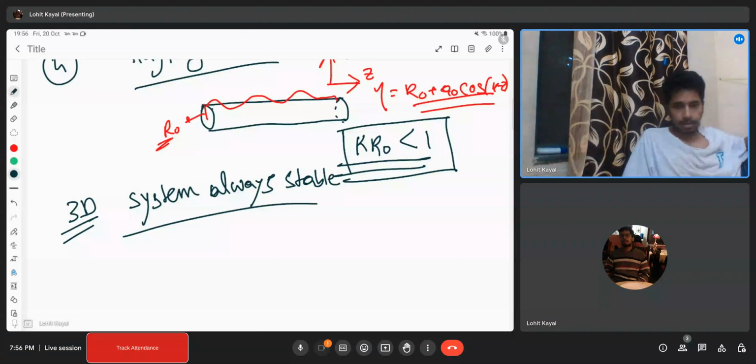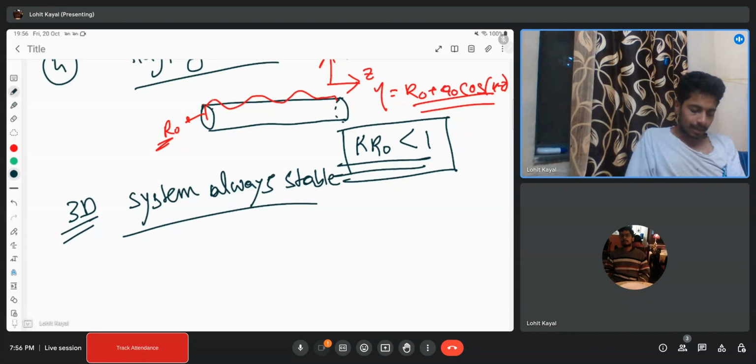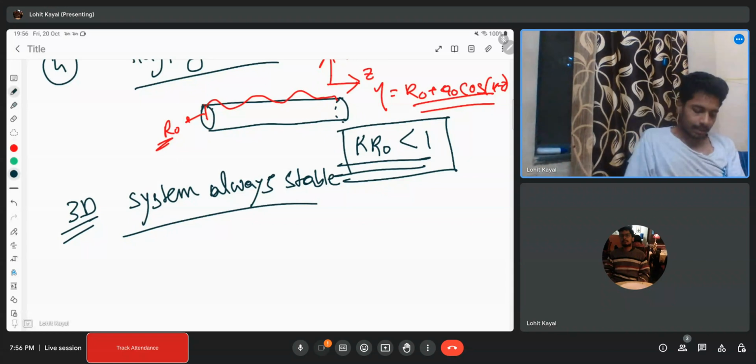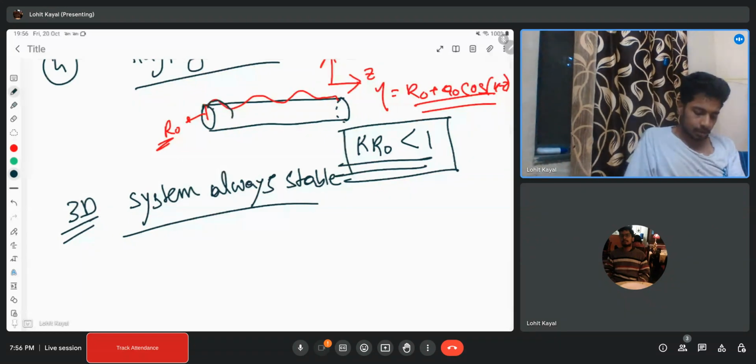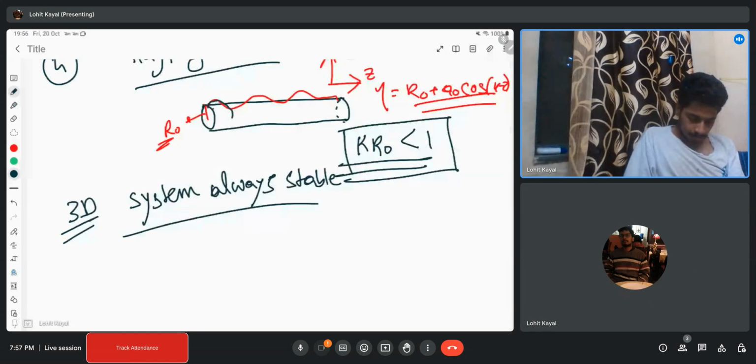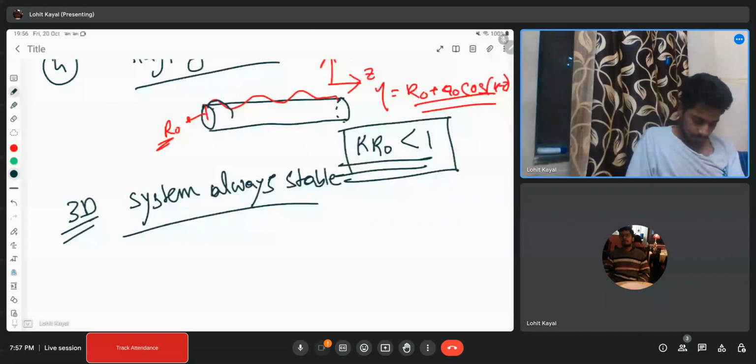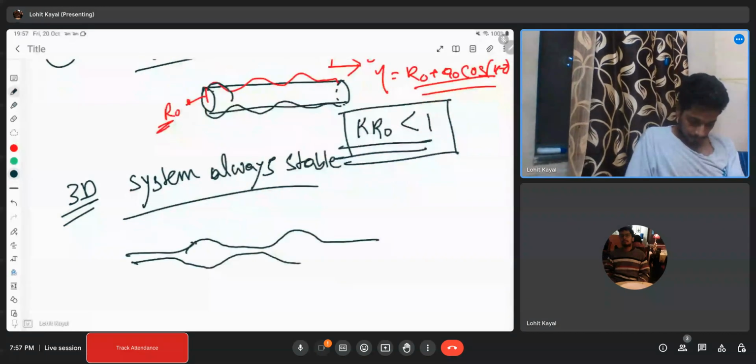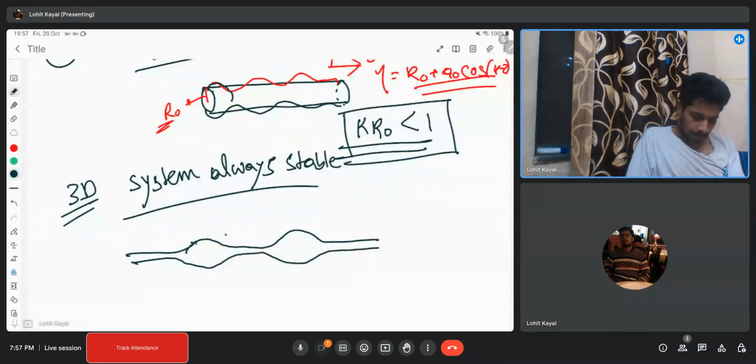doesn't happen actually. What happens in reality is that it breaks, and it creates small droplets. Okay, so the shape is initially like this, then it will form something shaped like this, and it will break from here.